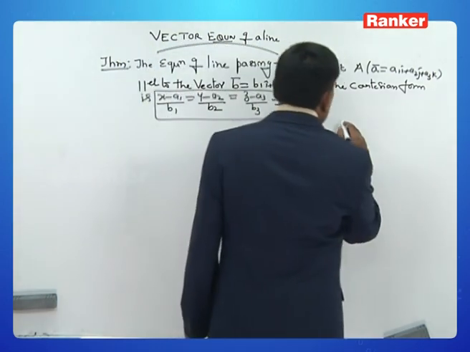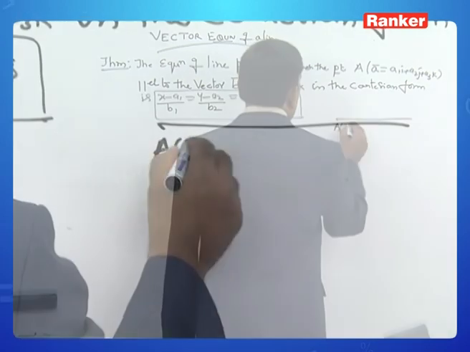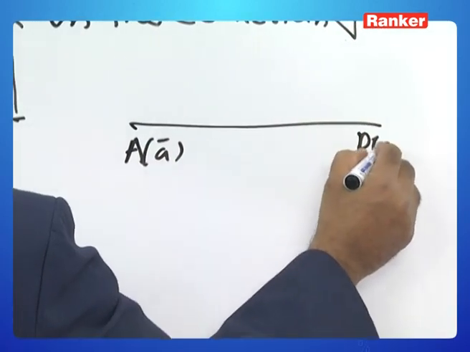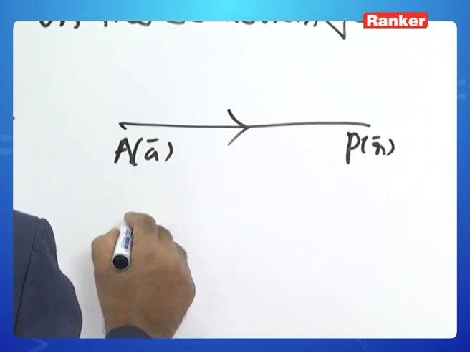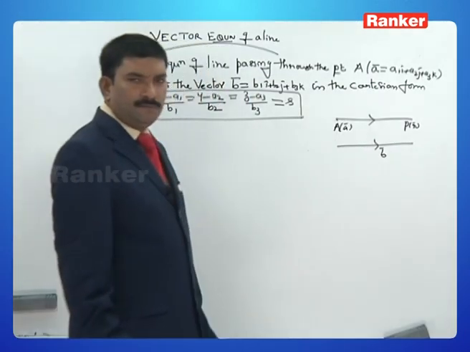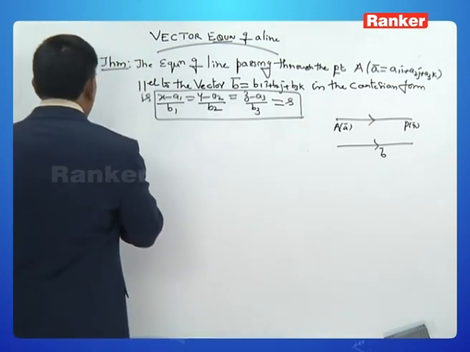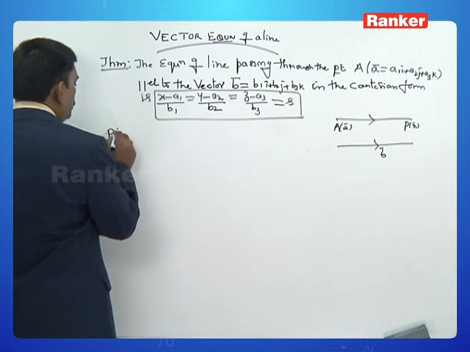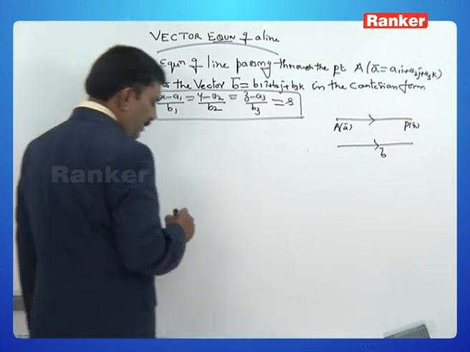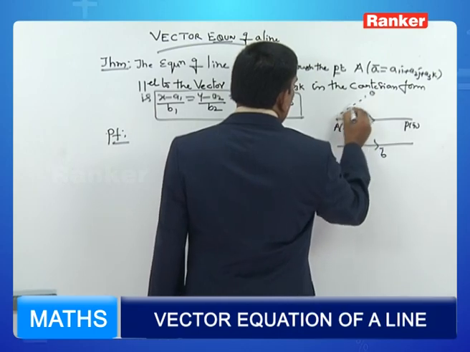Now, what's a pictorial representation? This is A of A bar and P of R bar. This is AP bar. This is parallel to B bar. Right. So now, proof of this. If you want, you can take O as a free vector.